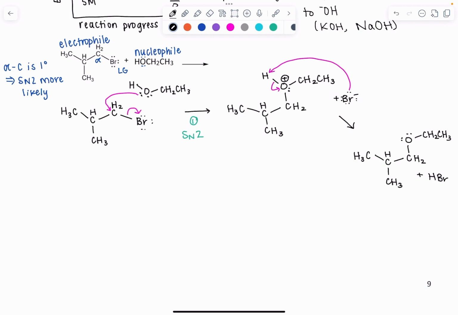So these are our two products. HBr is a byproduct, and then that larger organic molecule is the main product. This is our second step, which is a proton transfer.